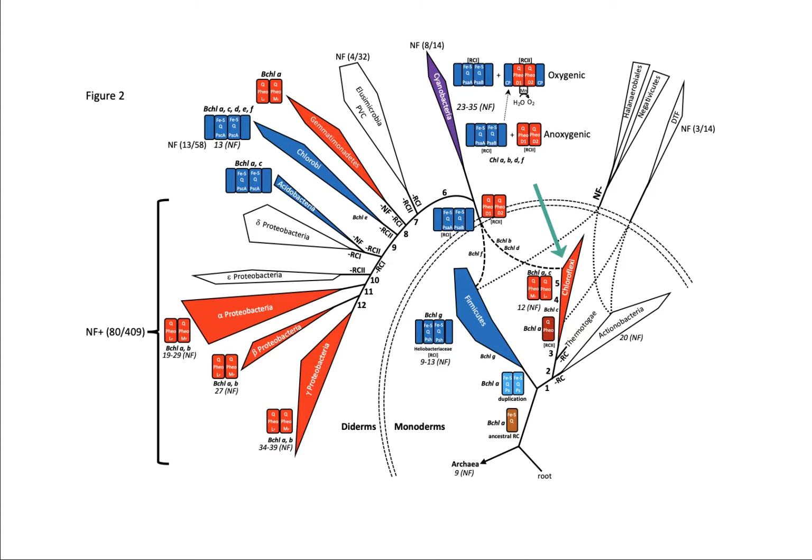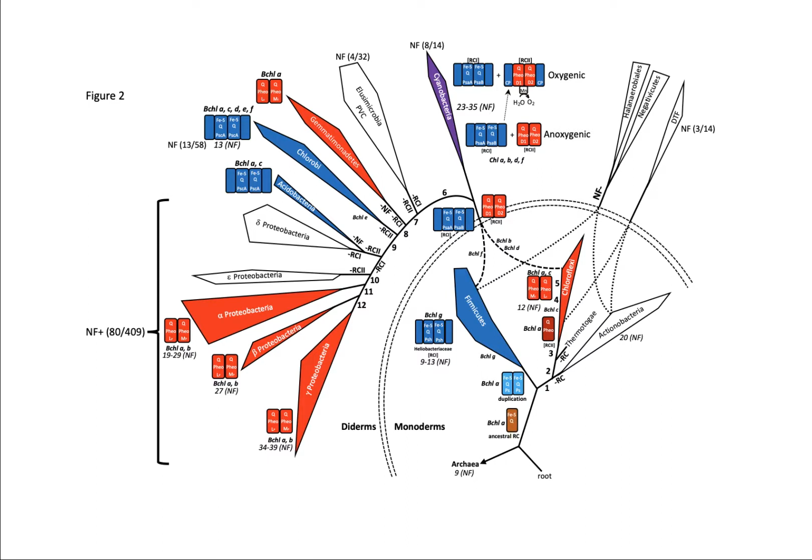And then the actinobacteria lost all photosynthetic activity if they ever had any. You can have then an endosymbiotic event between a Firmicutes and a chloroflexi, and they bring together both photosystems, and that would produce the cyanobacteria.